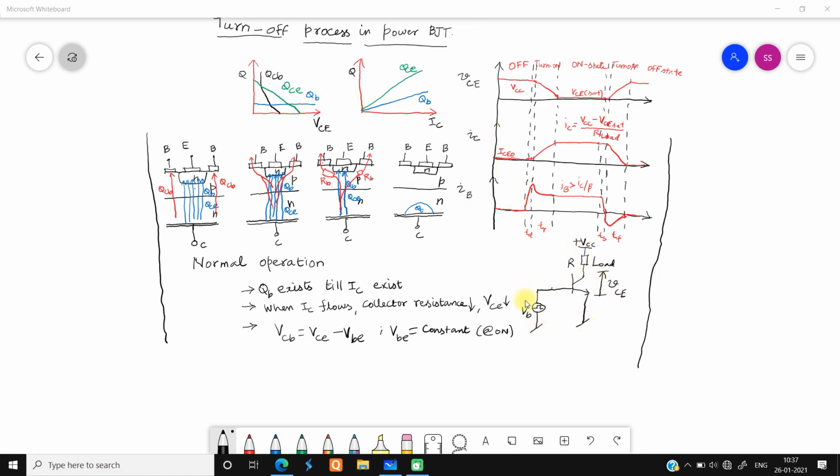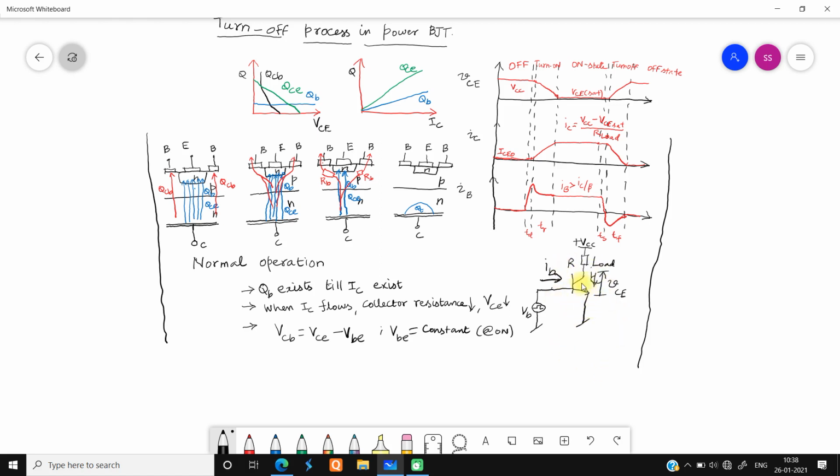This is the circuit where we are giving the gate pulse for the base with respect to the ground. At first, if the IB current is increased for some moment in this direction, the IC current will be flowing in this direction, so that the IC current will be increasing the charges in the transistor.